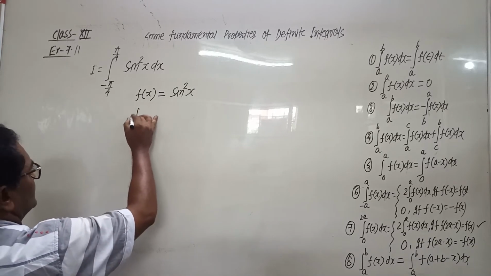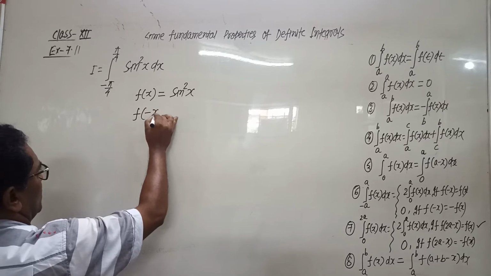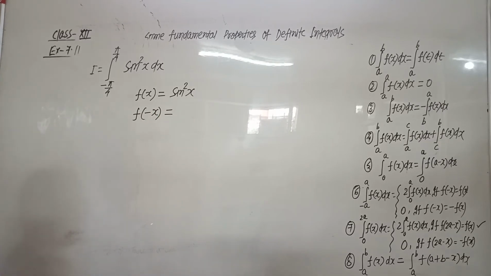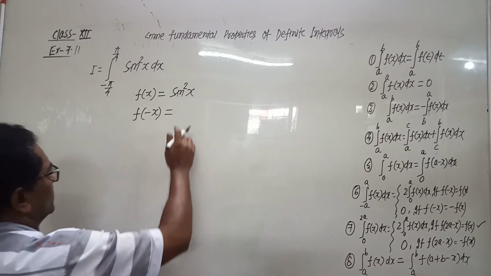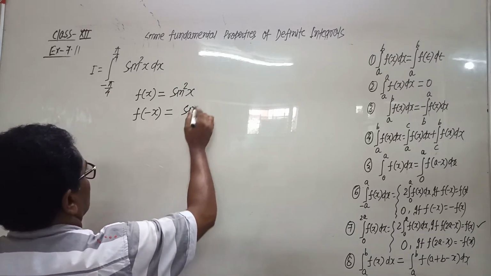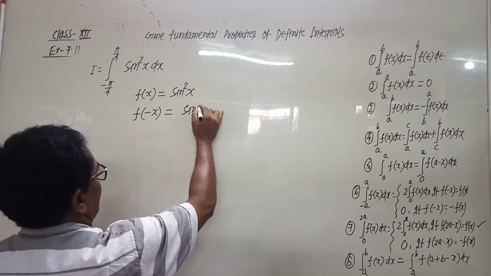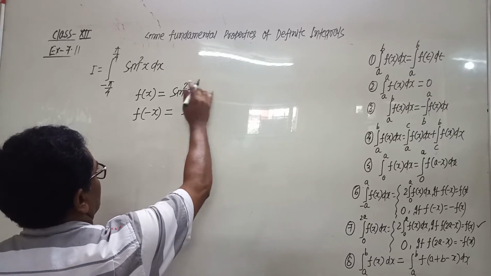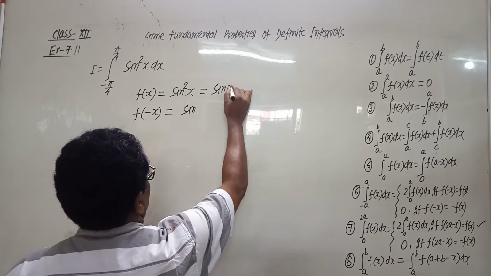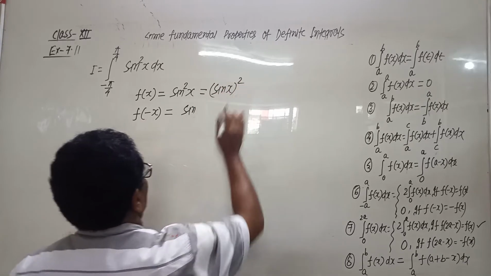Put x equals minus x. Sine square x may also be written as sine x the whole square.